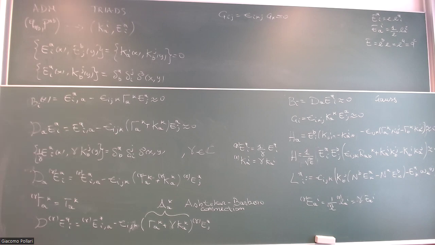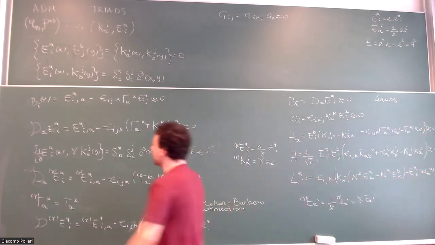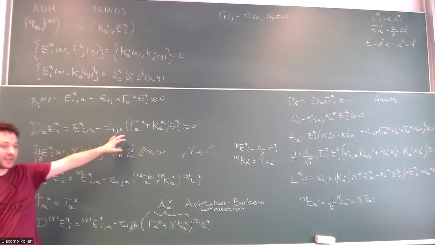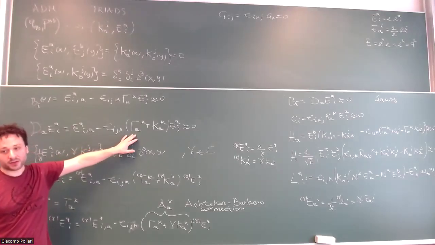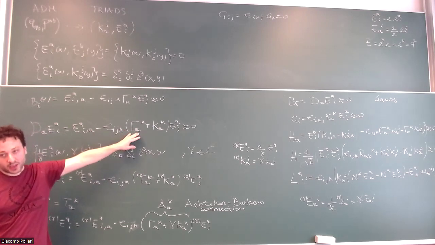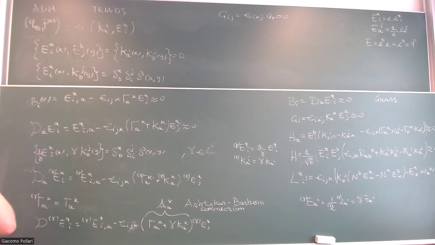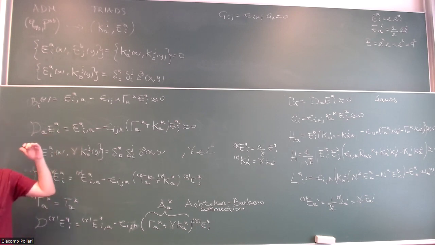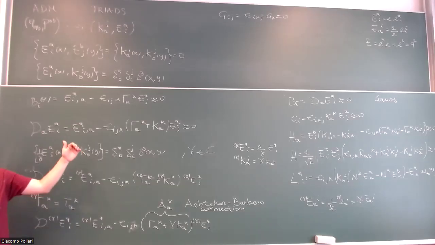Now the point is that, in the compatibility and the fact that it's Levi-Civita, torsionless, we have just this gamma. But since we are in the triadic formalism, we also have a gauge transformation acting on the triads that leaves the Lagrangian invariant.